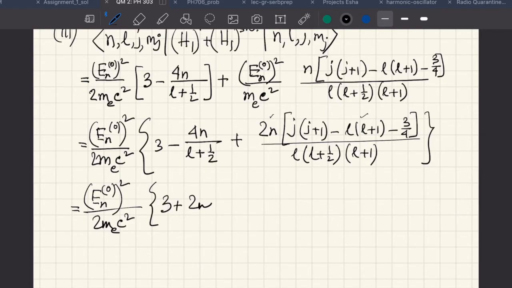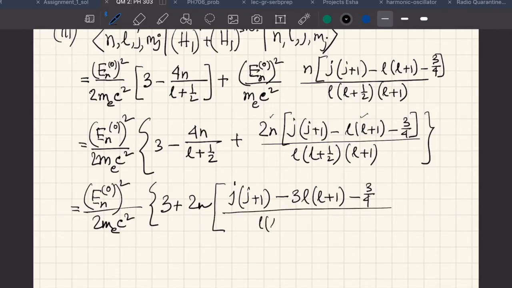So this is going to give us j into j plus 1 minus 3L into L plus 1 minus 3 by 4 divided by L into L plus half into L plus 1.